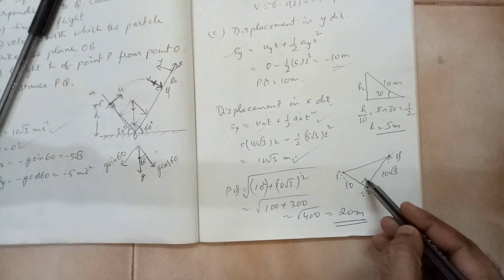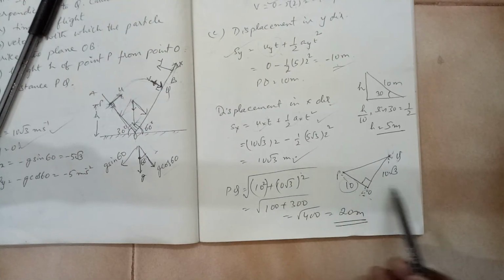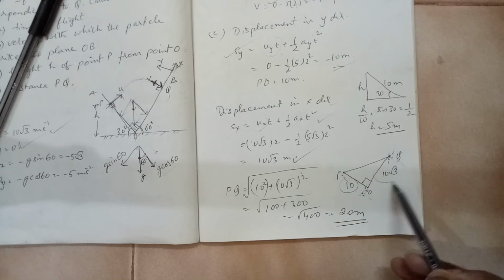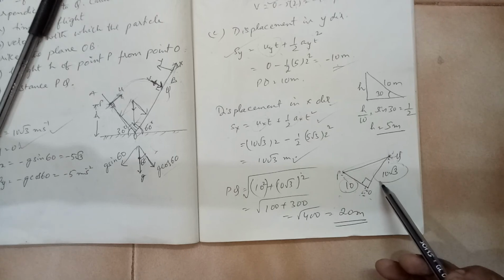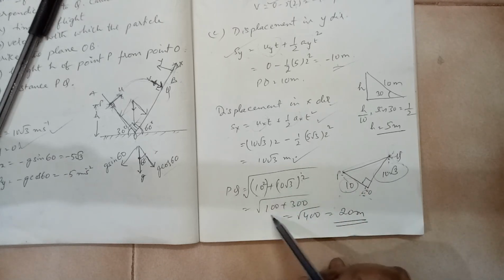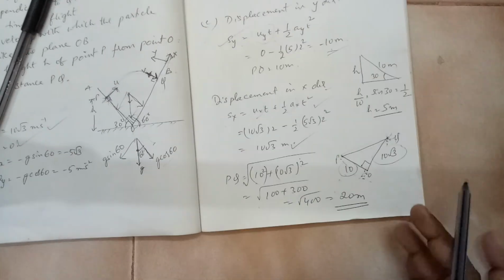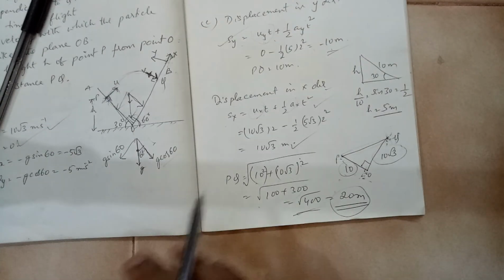PO you have worked out to be 10, OQ is 10 root 3. So this is the hypotenuse, root over a square plus b square. So 10 square plus 10 root 3 square, which is 100 plus 300. You are going to get root 400, or 20 meters.